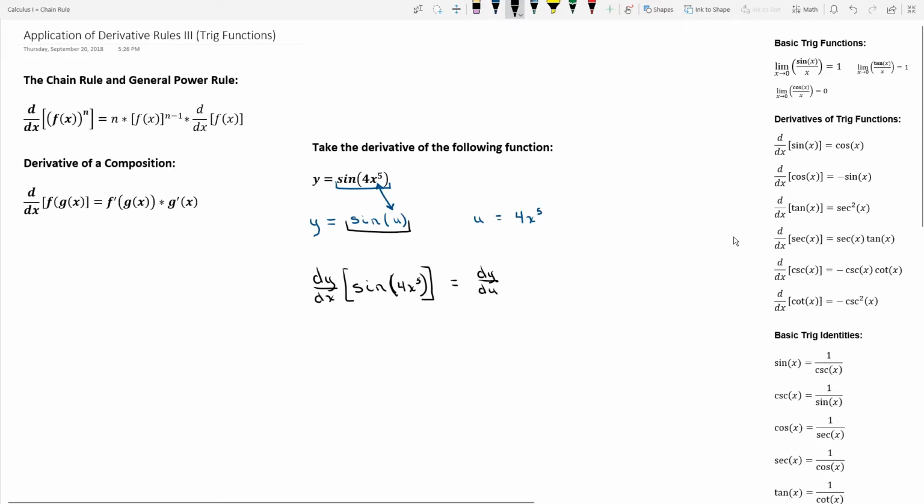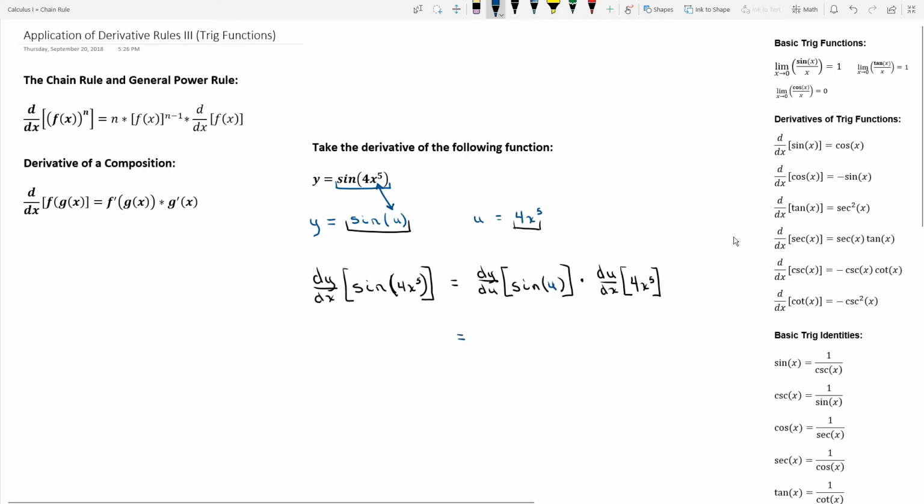So what is the derivative of sine u? I'm going to put that u in here to make sure that we know that we're just taking sine of u, the derivative of that, multiplied by the derivative of u with respect to x. And with respect to x, that's where we use this inside portion. So that's 4x to the fifth.